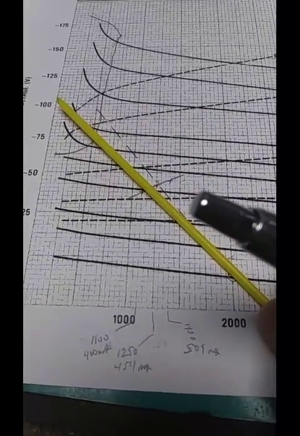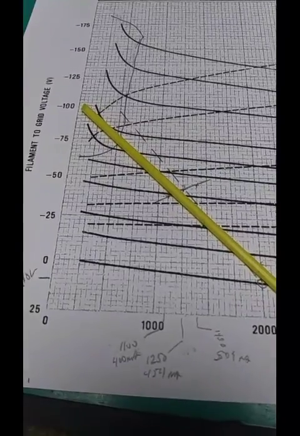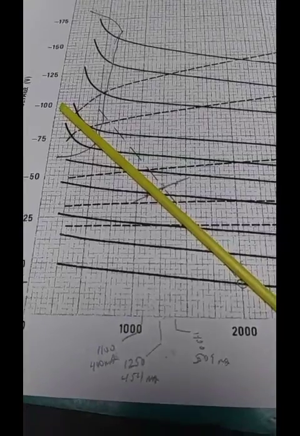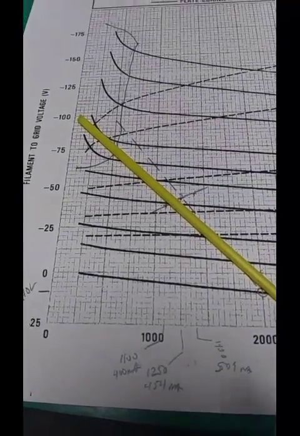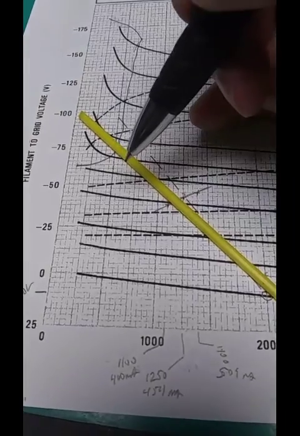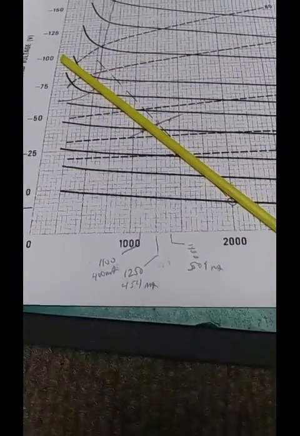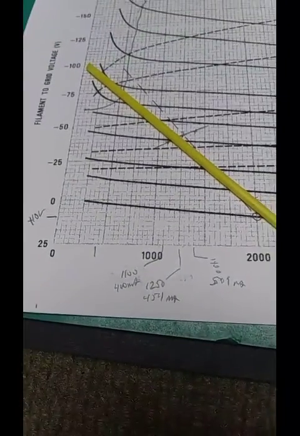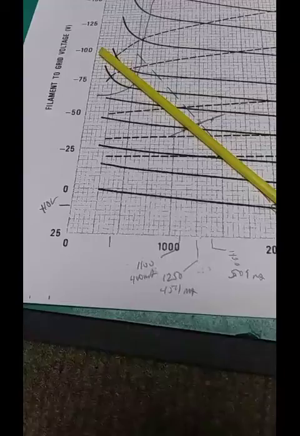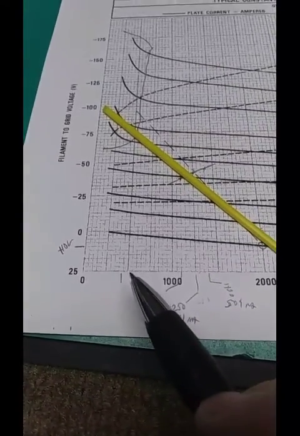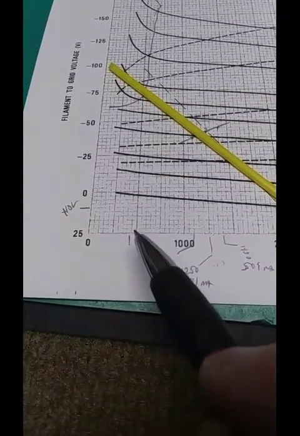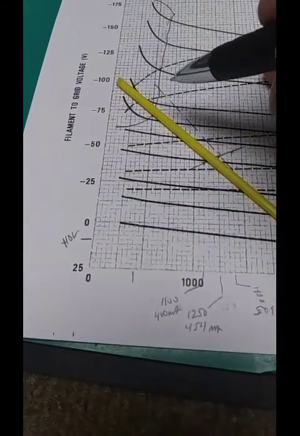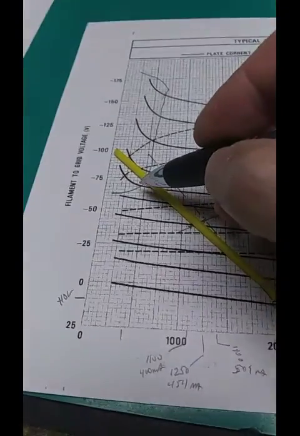But any number of these lines will work with a 2750 ohm midpoint resistance, provided that my definition is correct of that being a midpoint and the voltage swing being the same either way. Now it kind of looks like if we take 1250 volts minus 1100 for a difference of 150, half of that is 75. 75 minus from the 500 volt line is 425, so that puts the min plate voltage intercepting this line about up here.